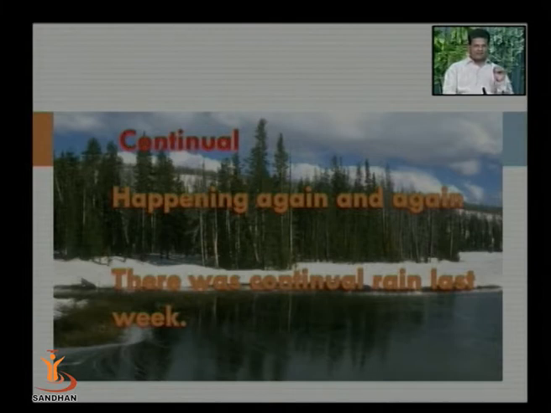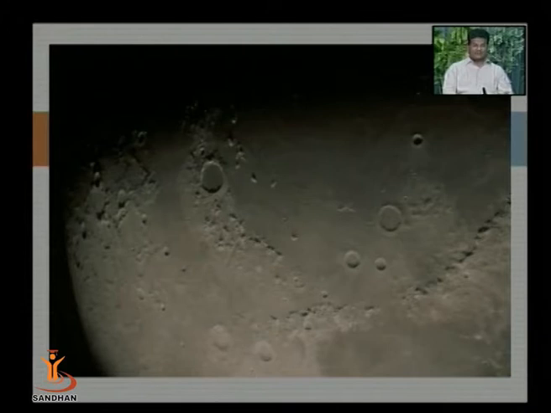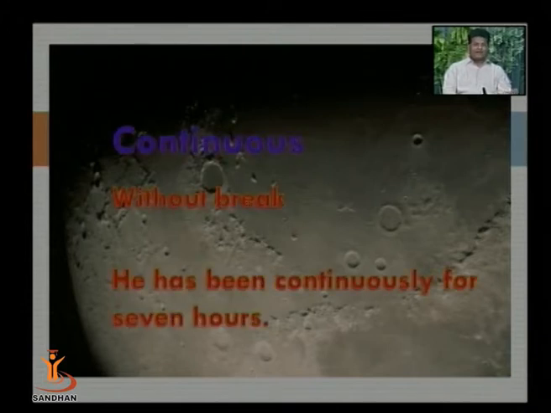Now here, continual means it happens again and again, but there is a slight break. After a break, rain comes, then again it comes, then again it comes. But in continuous, which is the next word, without break, continuous happening. This is minute difference in the shade of meaning. Continual and continuous.